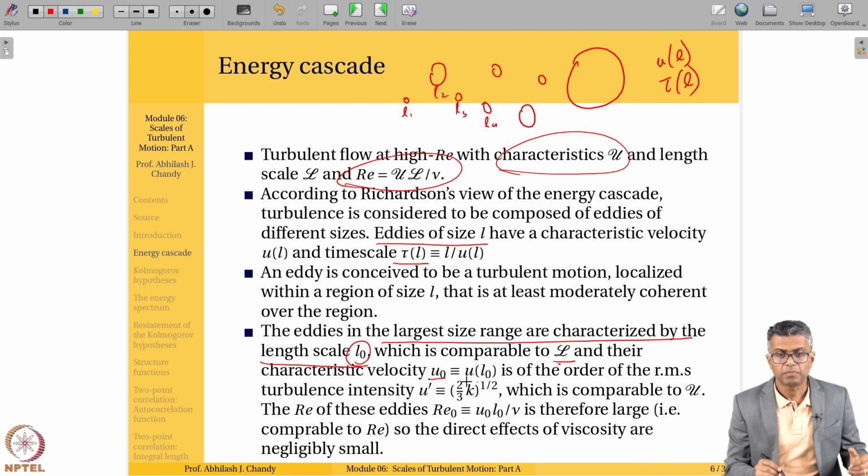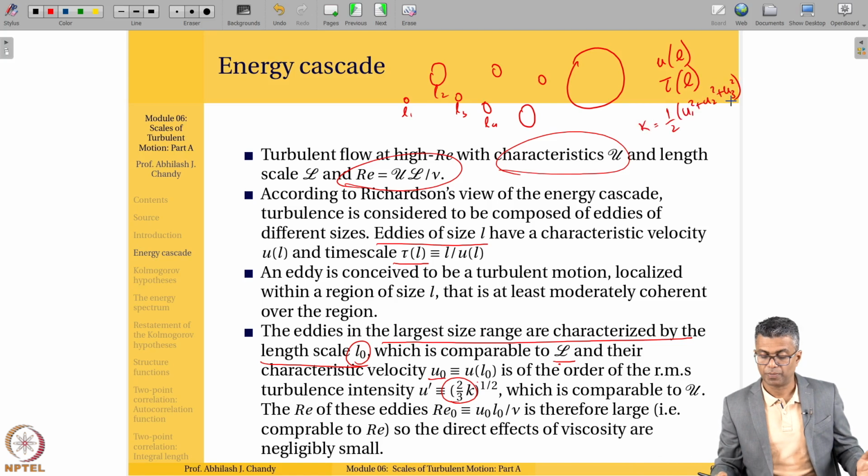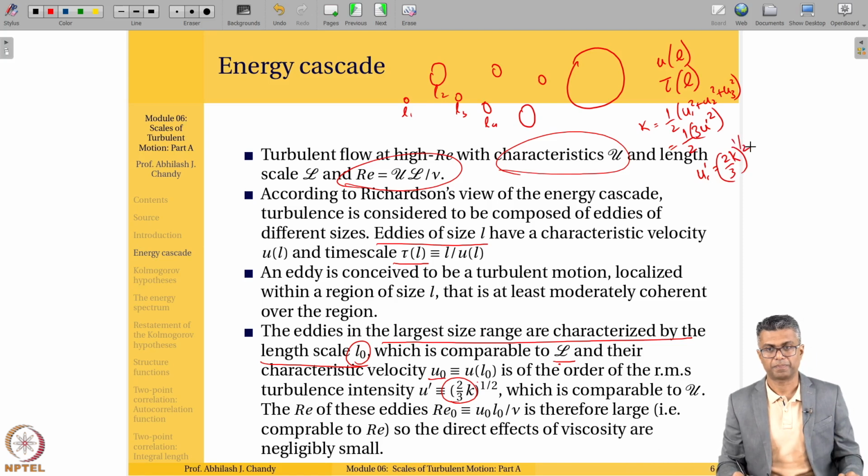Technically it would be 2/3 K, because K is half times u1 squared plus u2 squared plus u3 squared, the kinetic energy. So let's assume you have this u prime, 3u prime squared. So u prime is (2/3 K) to the half.